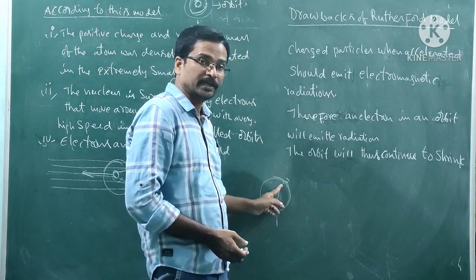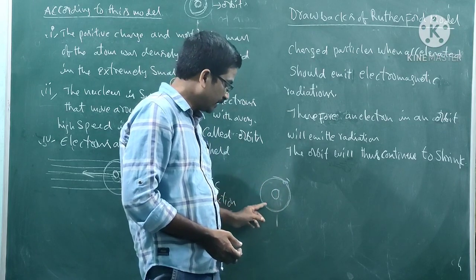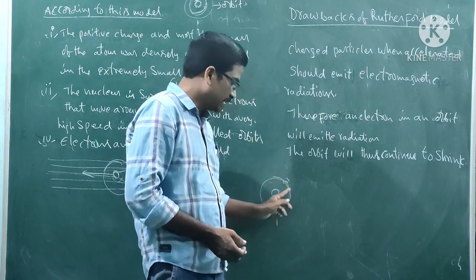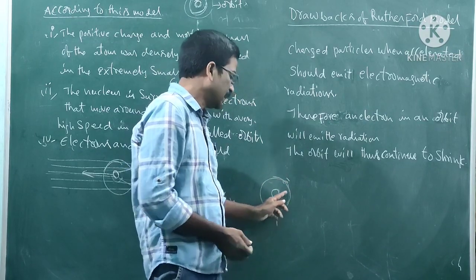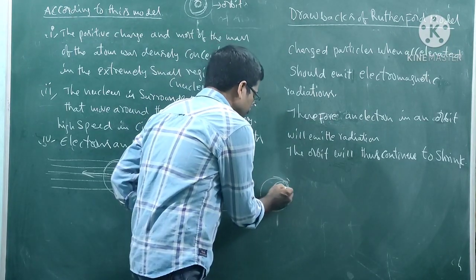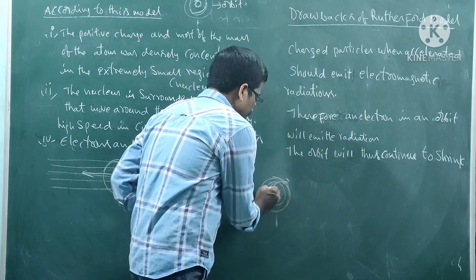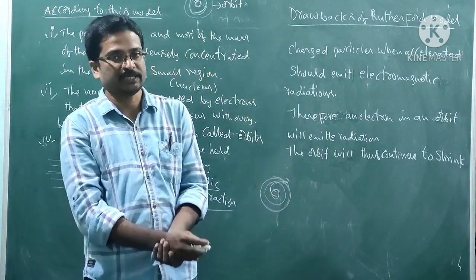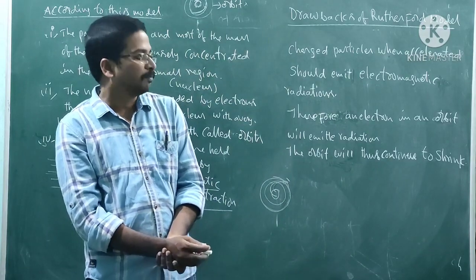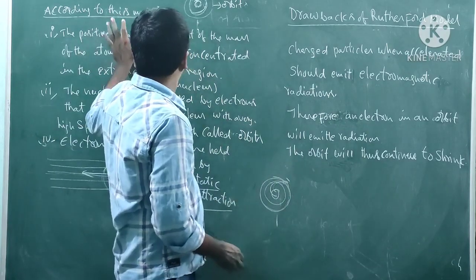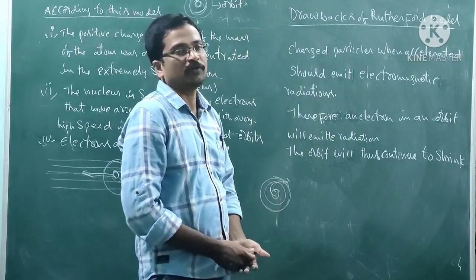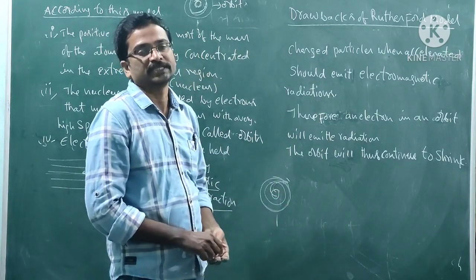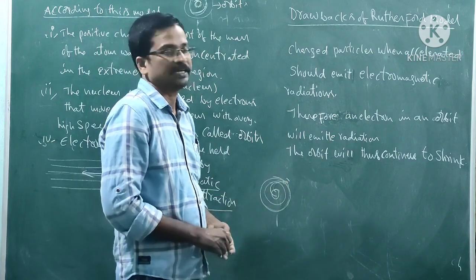Any charged particle revolving around the nucleus should lose its energy and then fall into the nucleus, continuously. The whole theory satisfies this, but Rutherford cannot explain why this does not happen here.